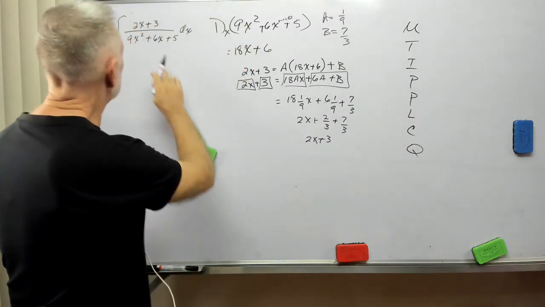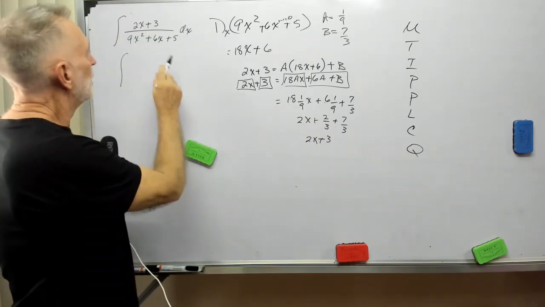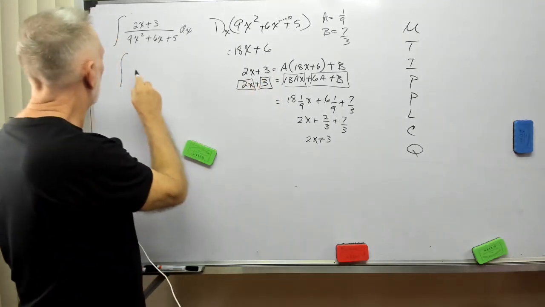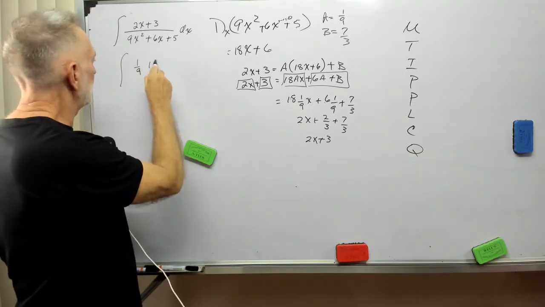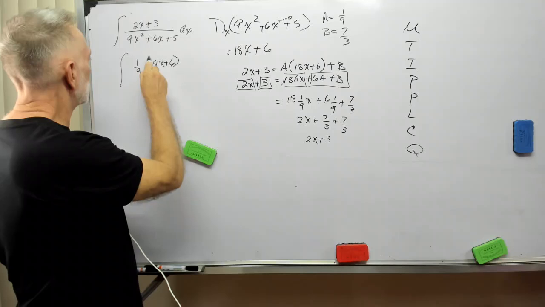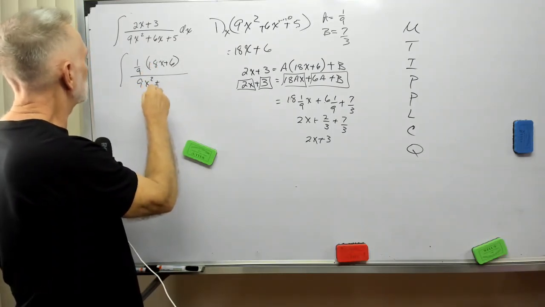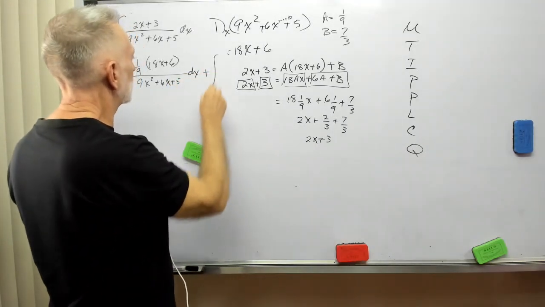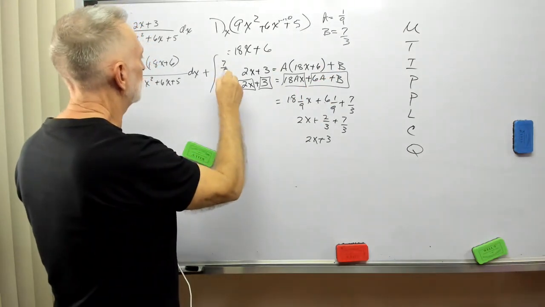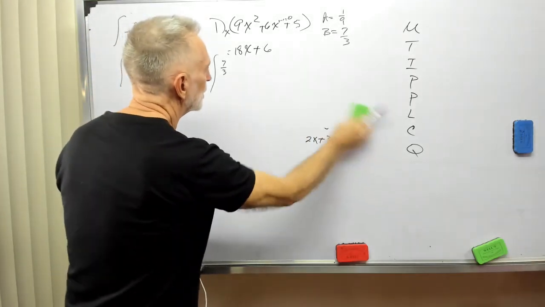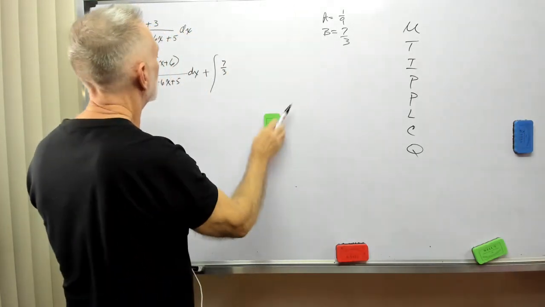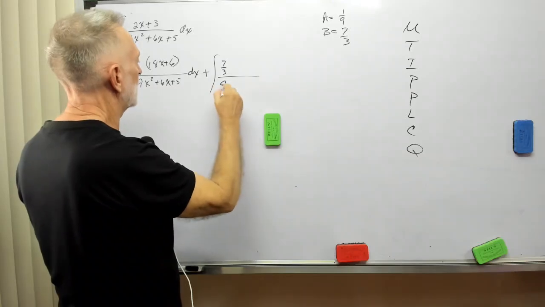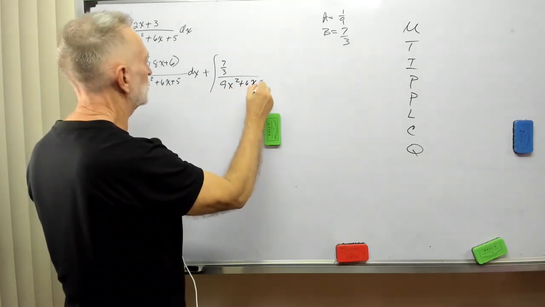So what this means is the integral of, I'm going to replace this 2x plus 3 with 1/9 times 18x plus 6 over 9x squared plus 6x plus 5 dx, plus the integral of b, which is 7/3 over 9x squared plus 6x plus 5 dx.